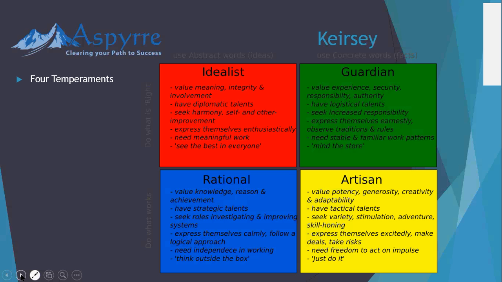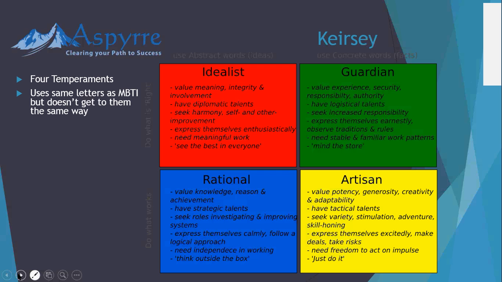Now, the Kiersey has these 4 different categories: the guardian, the artisan, the rational, and the idealist. And I don't know if you guys can see here, but there's words here, abstract and concrete words, and doing what's right and doing what works. So Kiersey has 4 temperaments.